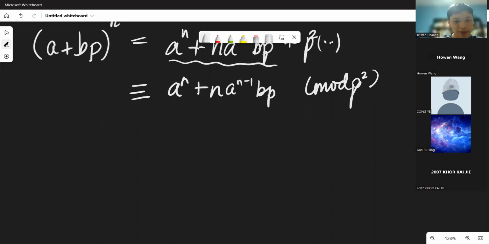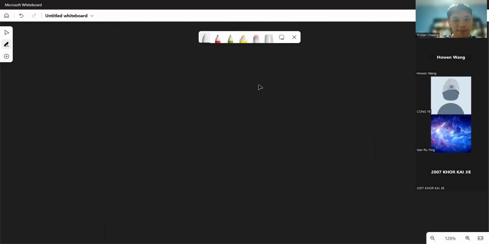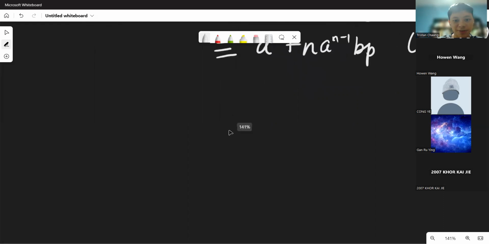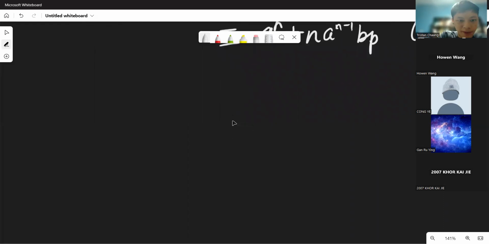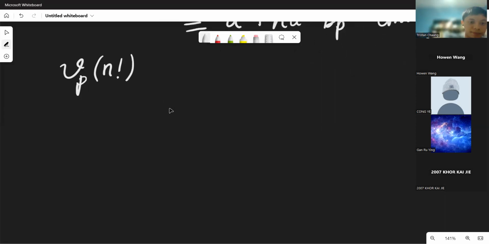Okay, so let's look at the first warm-up problem. So we just do it together because this is not a problem-solving session anyway. So let's say we want to find the VP of n factorial. There's a formula already given in the handout, and I just want you to prove it.